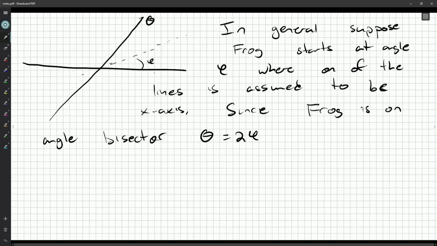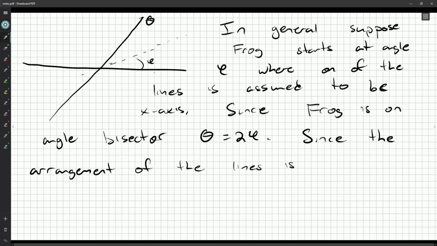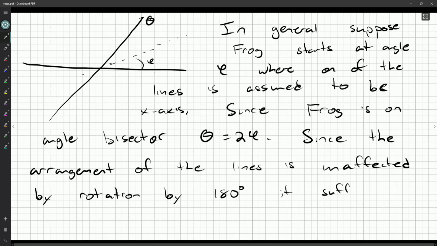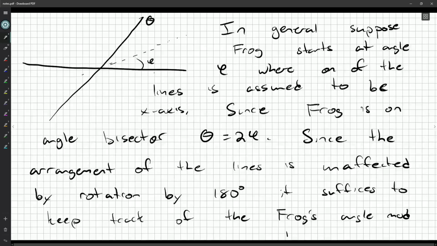So, okay, theta is 2 phi. Now, since the arrangements of the lines is, let's say, unaffected by rotation by 180 degrees, it suffices to keep track of the frog's angle mod 180 degrees.